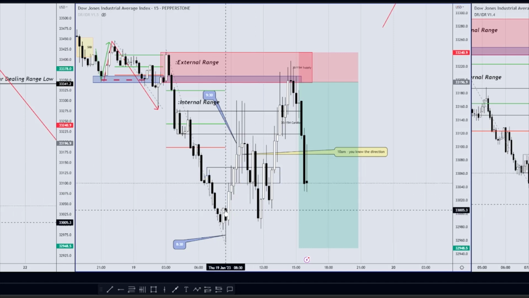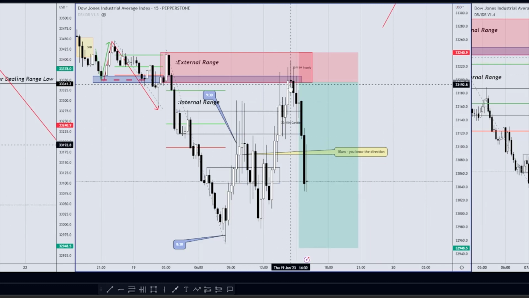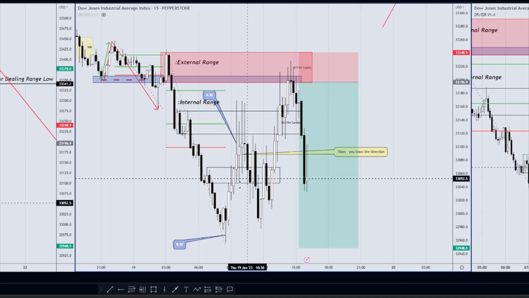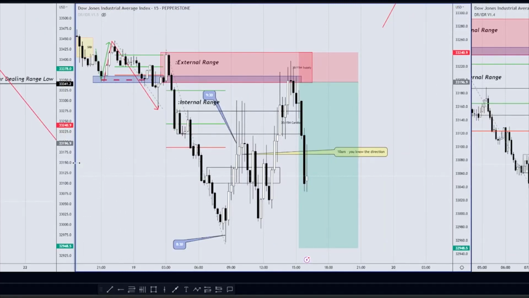Now I could have gone in on a long position by that. That would have been counter trending again. So I'm steering away from the counter trending, and I'm trying to get in on the high time frame bias. So the high time frame is, everything's in decline at the moment. So we're seeking lower prices.